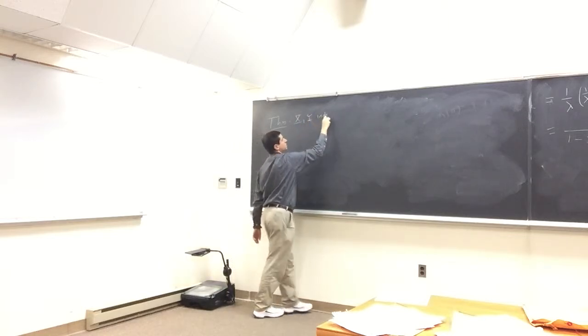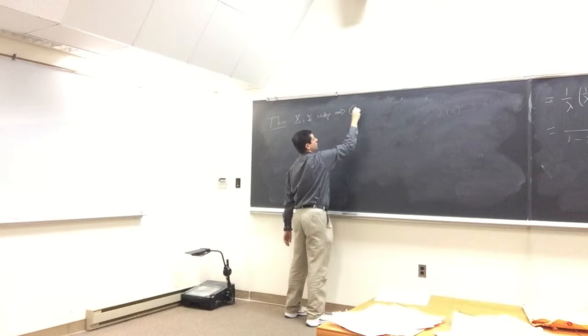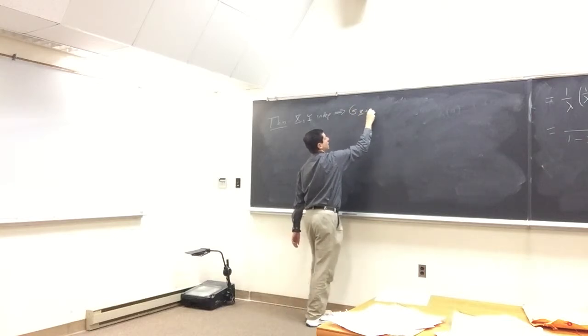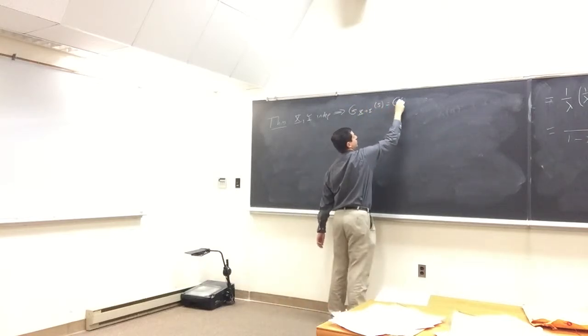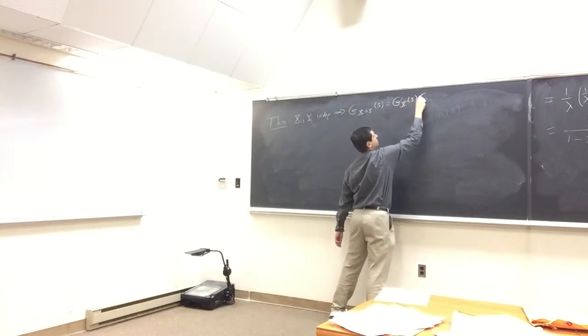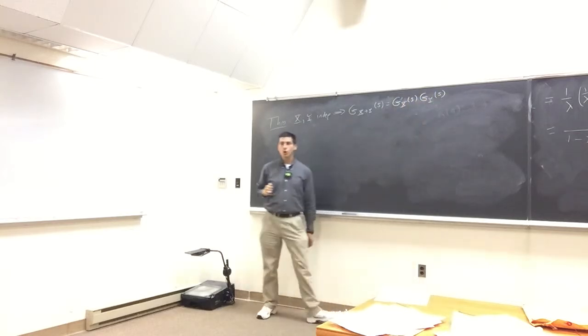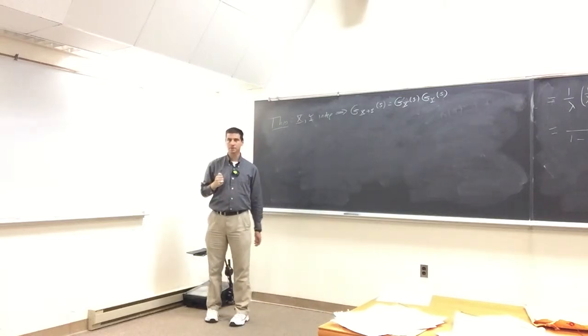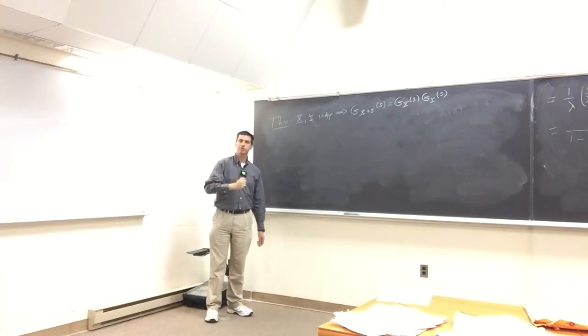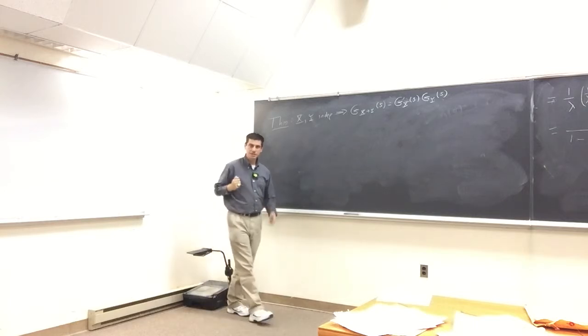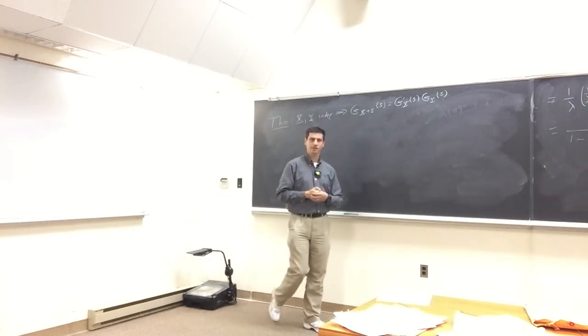X, Y independent implies the generating function of x plus y of s is the generating function of x times the generating function of y. Now, we only proved this last time for discrete random variables. Let's see if we can prove this in greater generality.